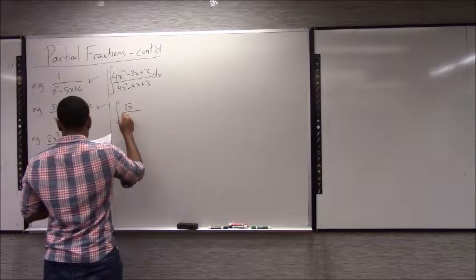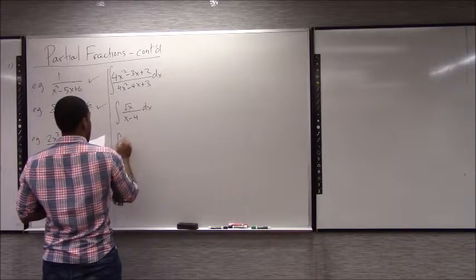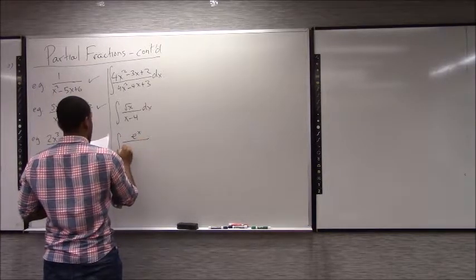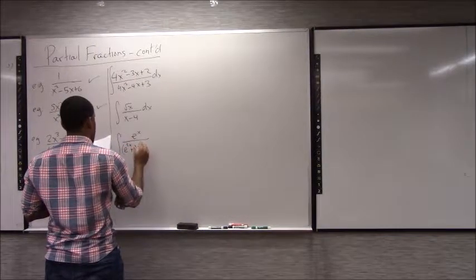Radical x over x minus 4. Integral of e to the x over e to the 2x plus 1 times e to the x minus 1.